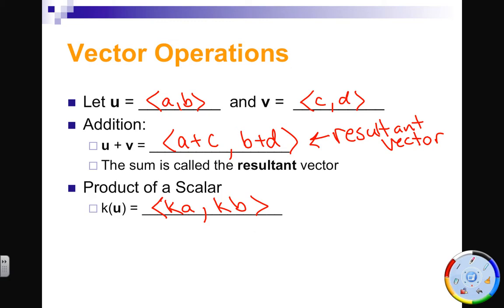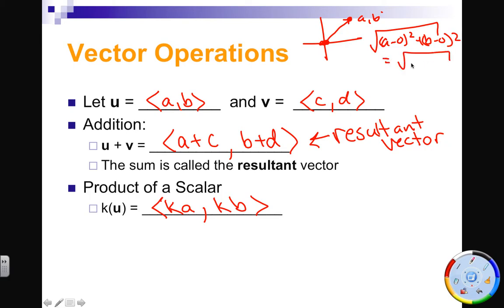Oh, and I didn't really mention this yet, but if you think about component form, since component form starts at the origin 0, 0 and goes out to a point A, B, finding the magnitude just became a lot easier because it becomes the square root of A minus 0 squared plus B minus 0 squared, which is actually just the square root of A squared plus B squared.